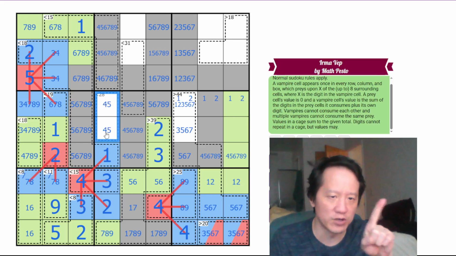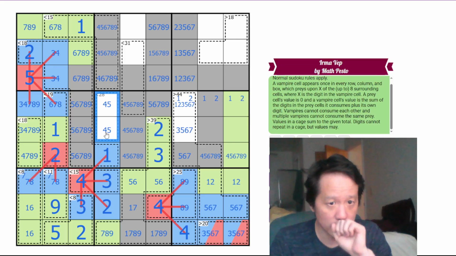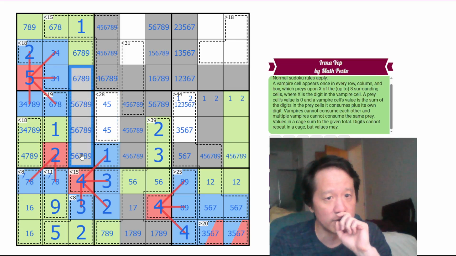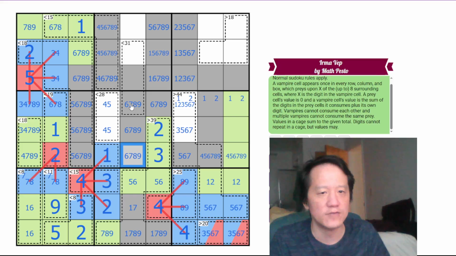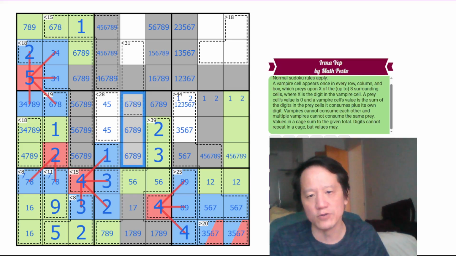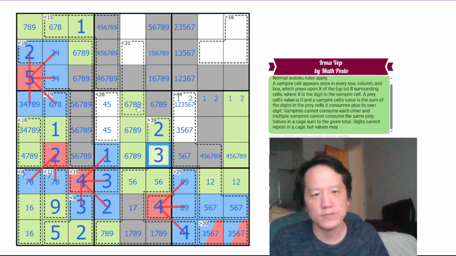So the 4 is the vampire here. It vampires 5, but it cannot vampire anything else. So this cannot be 4, 5. This can't be 5. These are all regular values because none of them are vampired. This has to be 4, 5 vampired.